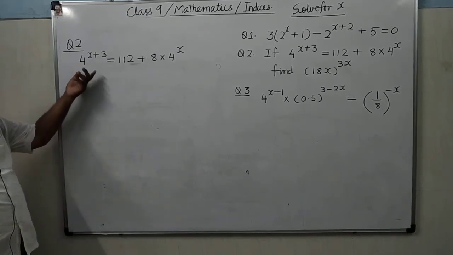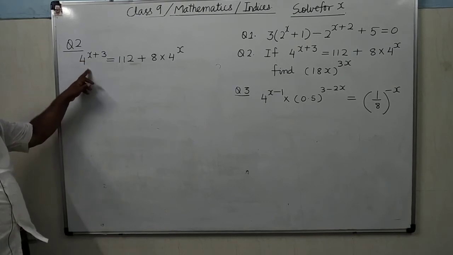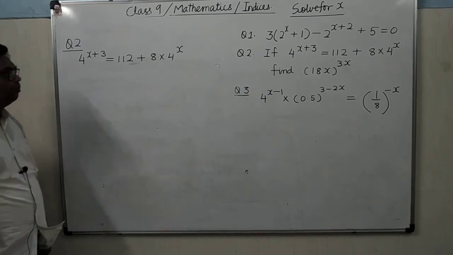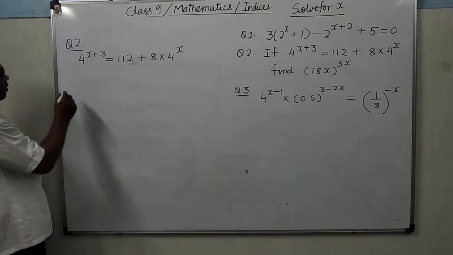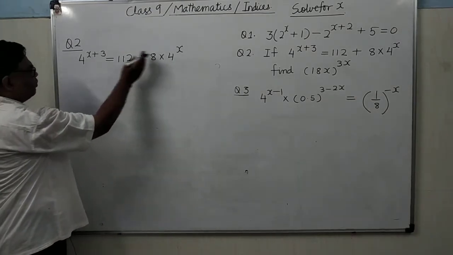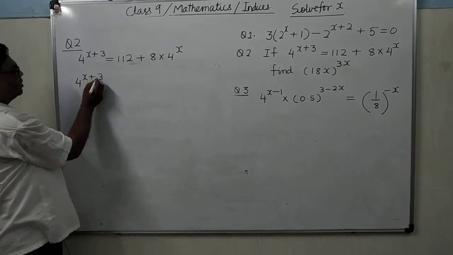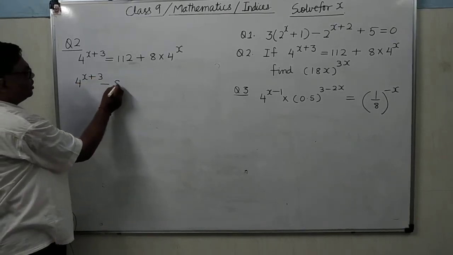Here you can split 4 to the power x plus 3 into 4 to the power x times 4 to the power 3, and 4 you can also write as 2 to the power 2. But that will not solve our purpose. First we will bring the terms containing x in the power on the same side.